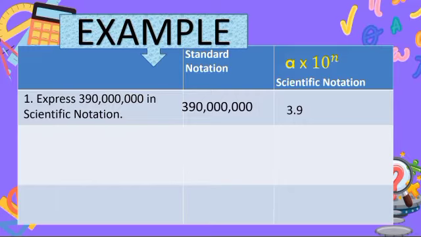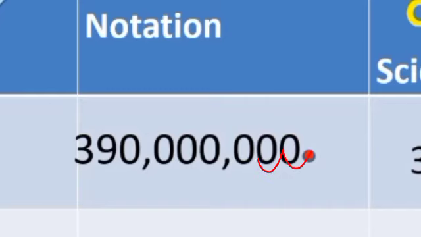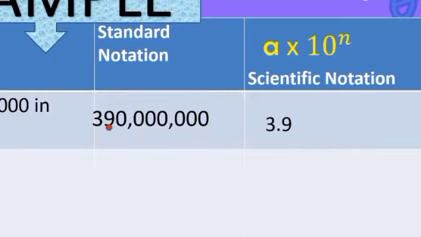Then, mula doon, kung mapapansin nyo, yung ating whole number, lagi po tayo nagsisimula ng decimal sa dulo. And then, we are going to count or move the decimal up to the significant digit. So, we have 1, 2, 3, 4, 5, 6, 7, 8. So, ang ating movement ng decimal ay 8 times.